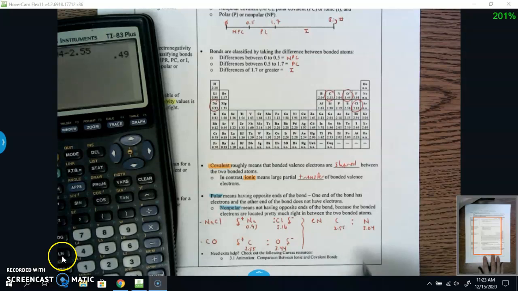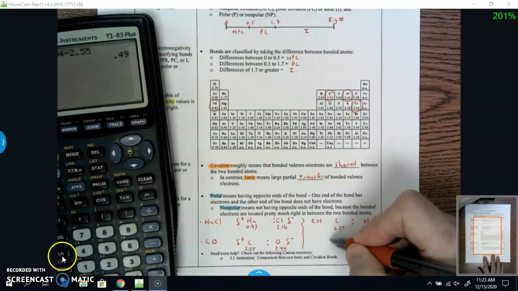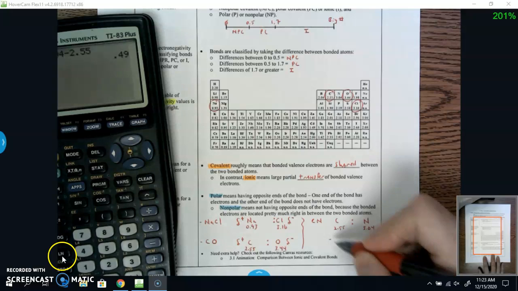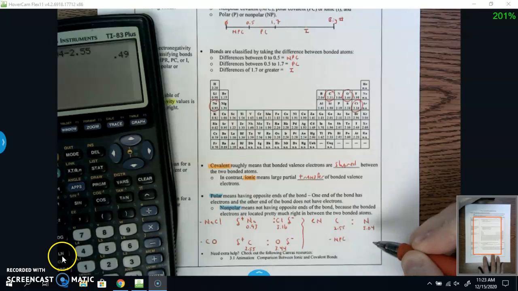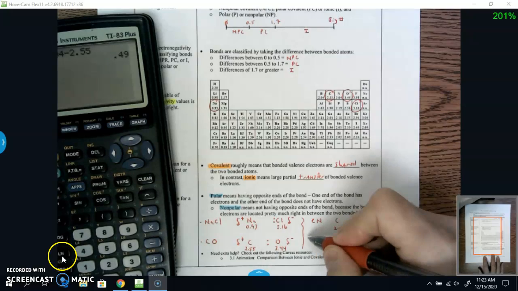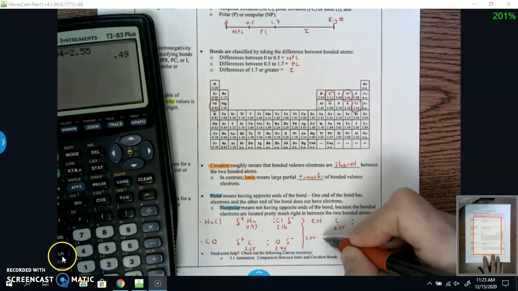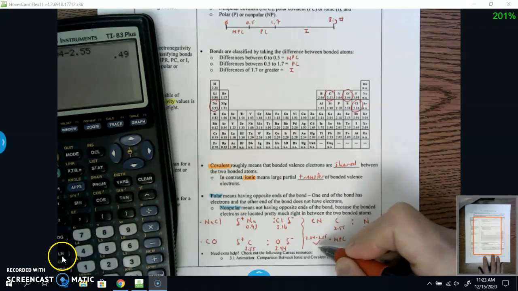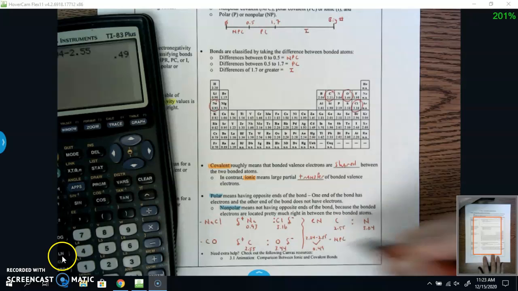Okay? All right, let's kind of touch this up a little bit. I'm going to add some detail to this. This type of bond is classified as a nonpolar covalent bond because the difference is 0.49. We figured that out by taking 3.04, subtracting 2.55 to get a difference of 0.49.